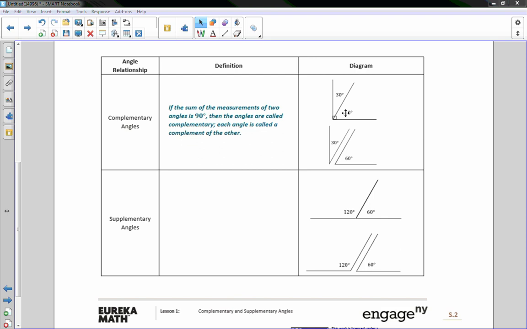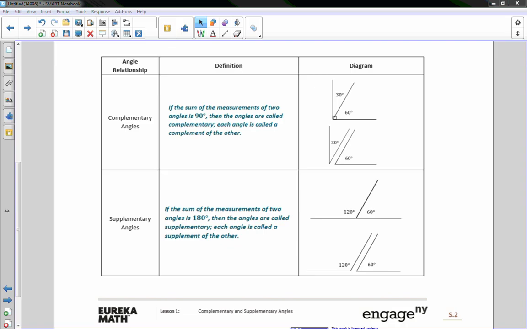So here are two examples off to the left. Two angles can be complementary. They could be adjacent and complementary, or they could be totally separate and not even be at the same vertex. They could be separated any way. This does not even have to be parallel to this. There's two different angles somewhere in space. If they have a sum of 90 degrees, then they are complementary angles.